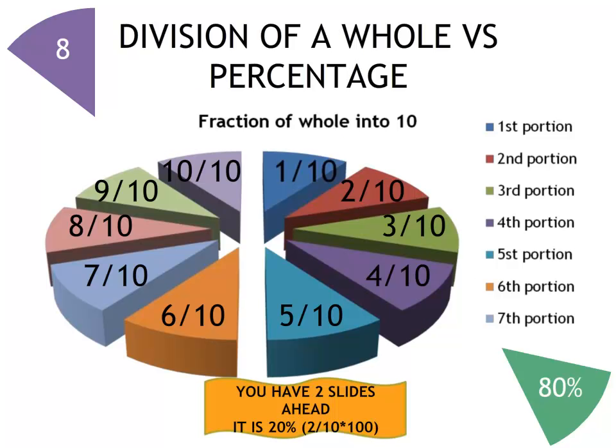Look at this pie. It has been divided into 10 equal parts. If you wish to name each part using a fraction, you will have to call them 1/10, 2/10, 3/10, etc. If you would like to consider all the 10 parts, then they would be equal to 10 by 10 or otherwise equal to 1 whole.